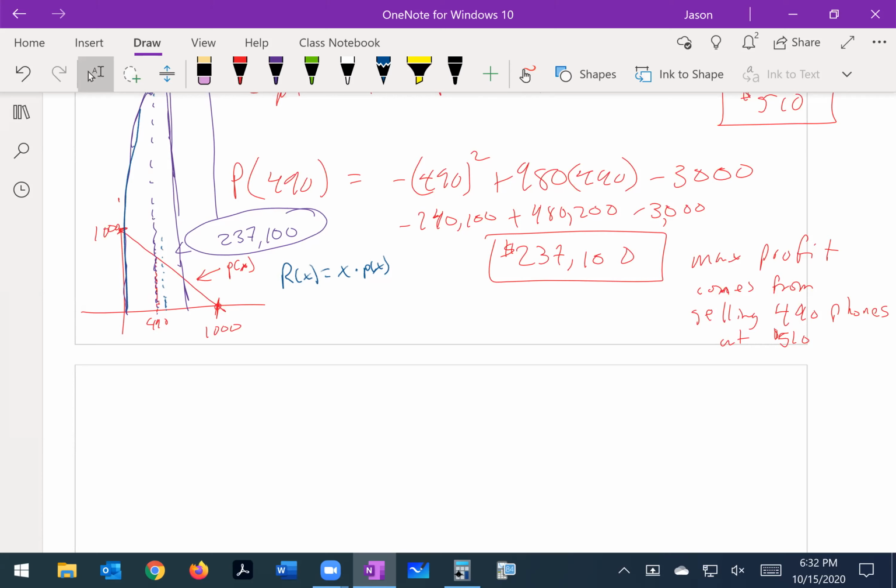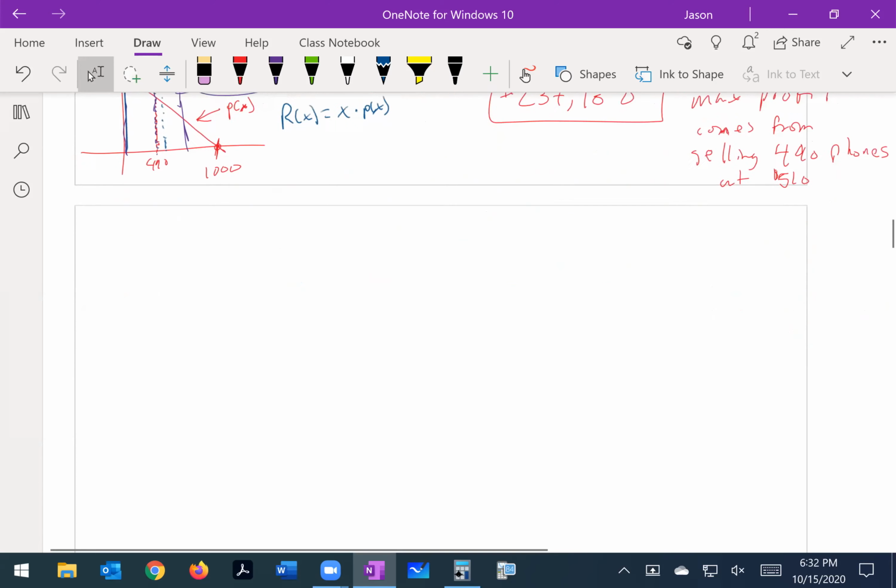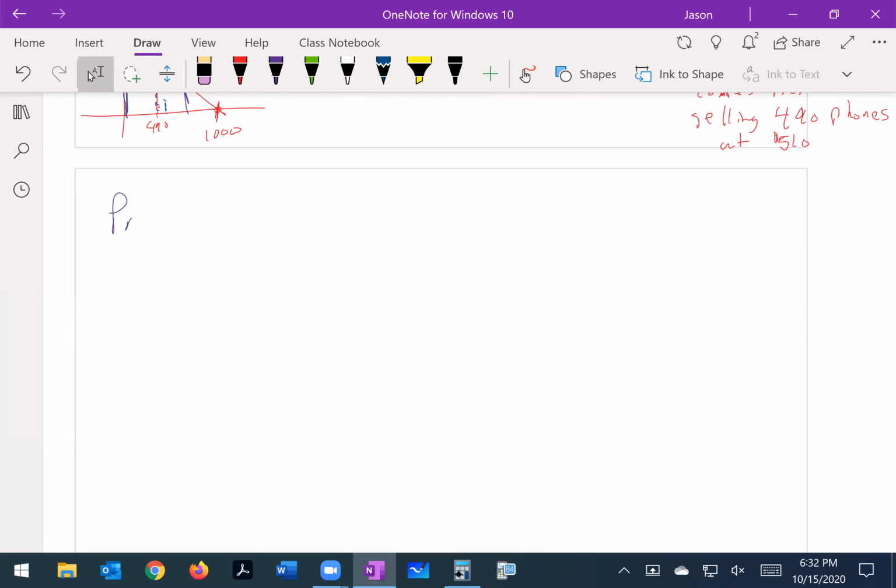But we did have cost in there, and that lowered the number of units by 10 units, and it increased the price of the phone by $10. Since I'm selling fewer units, I need to make up for the price on the back end. Okay, let's look at another pricing model here.